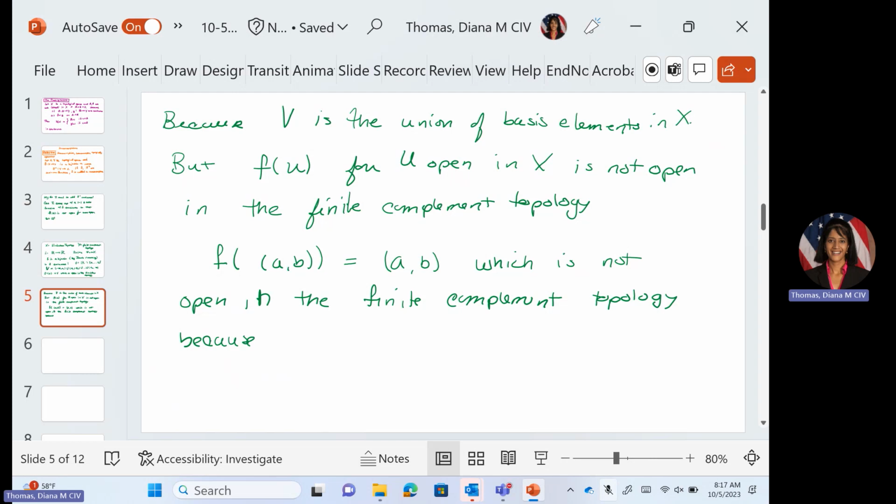So I'm taking an open set in the X space and mapping it to something that's not an open set in the Y space. Remember, in the finite complement topology, the open sets are the ones where the complement is finite, and the complement of U is not finite.